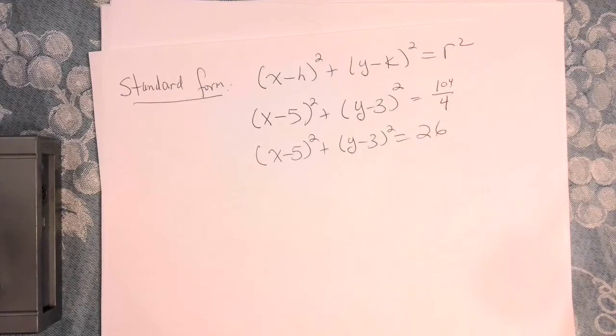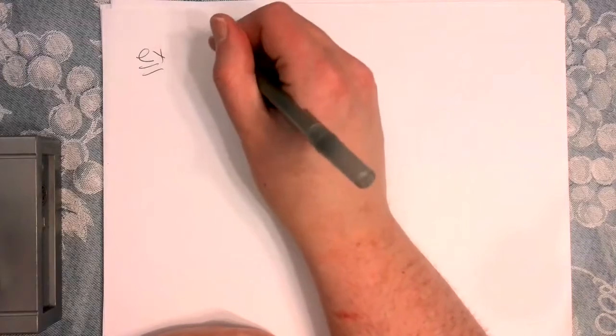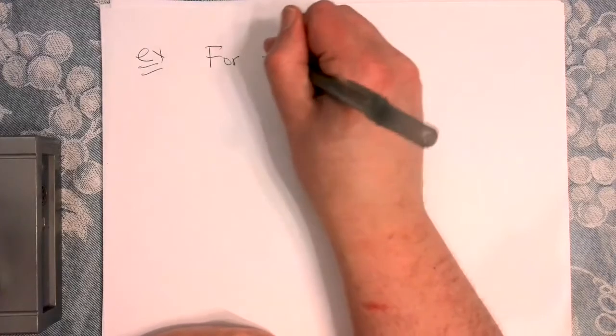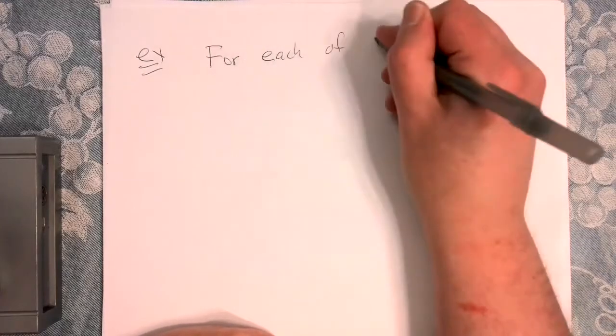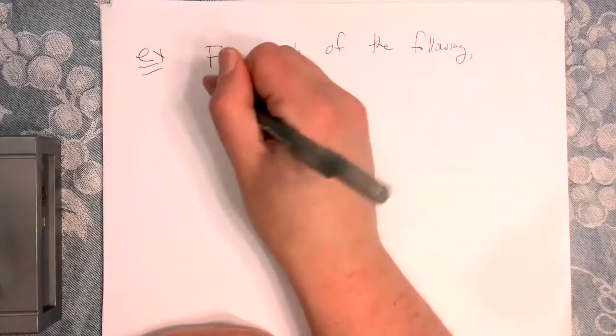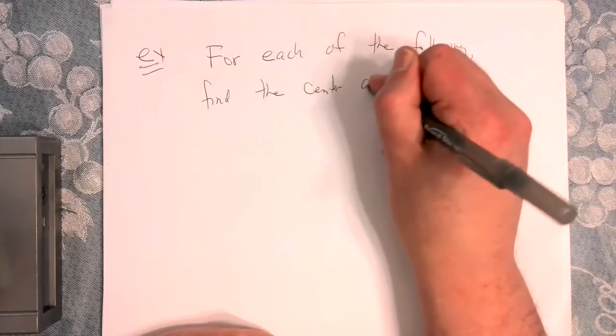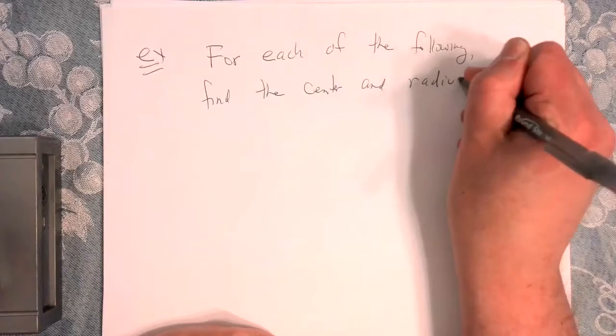Okay, so let's deal with some circles where they give it to us. They give us the equation of the circle in general form, and we need to put it in standard form. So maybe I'll say for each of the following, find the center and radius.